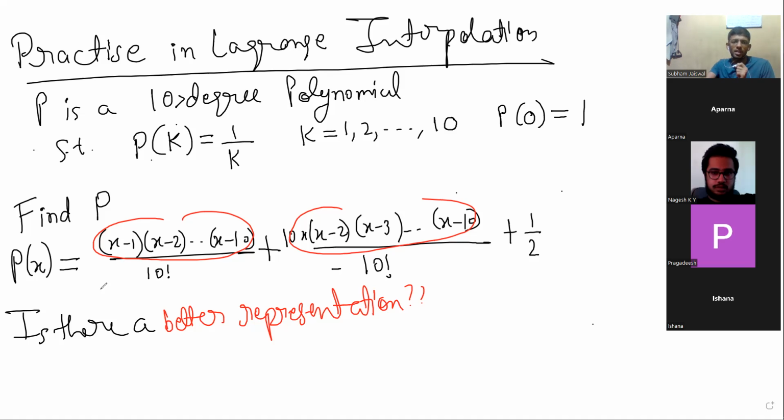Well, we have done this trick earlier. You take kp(k) minus 1. Try to use this.